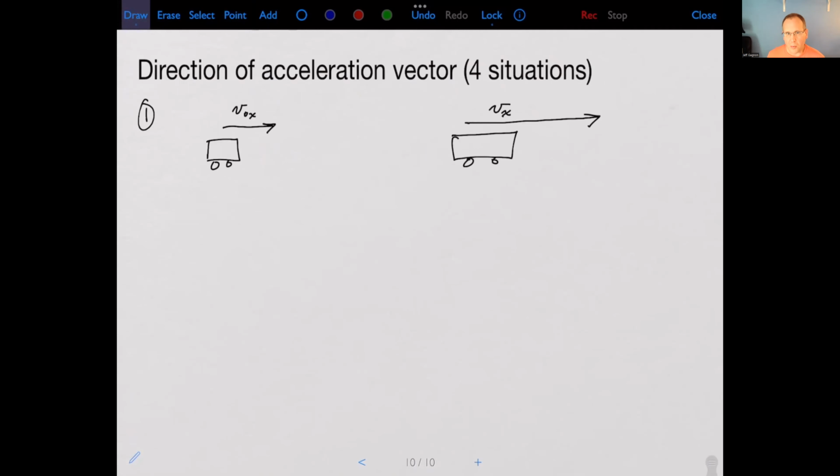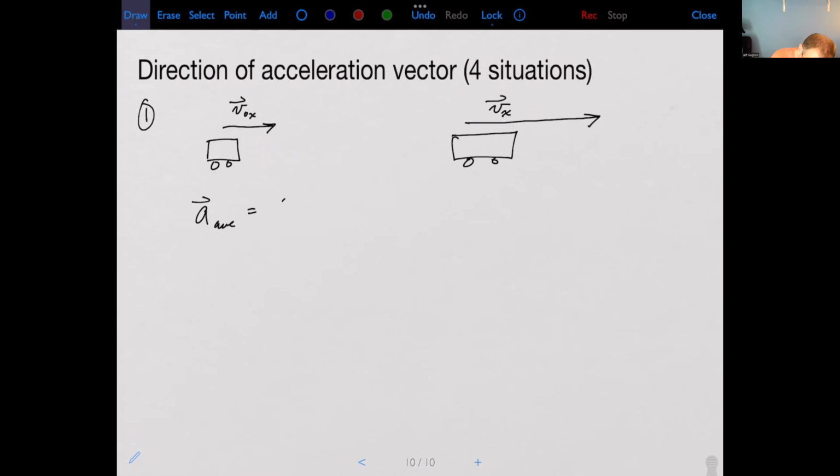Okay, so I want to know what direction the acceleration is. It starts off with some velocity and it ends up with an even greater velocity pointing towards the right. Well, we know the acceleration is really a vector. I want to write it in vector form now. So these are really vectors in this case, even though I'm just doing the x direction, but I want to show you the subtraction of the vectors.